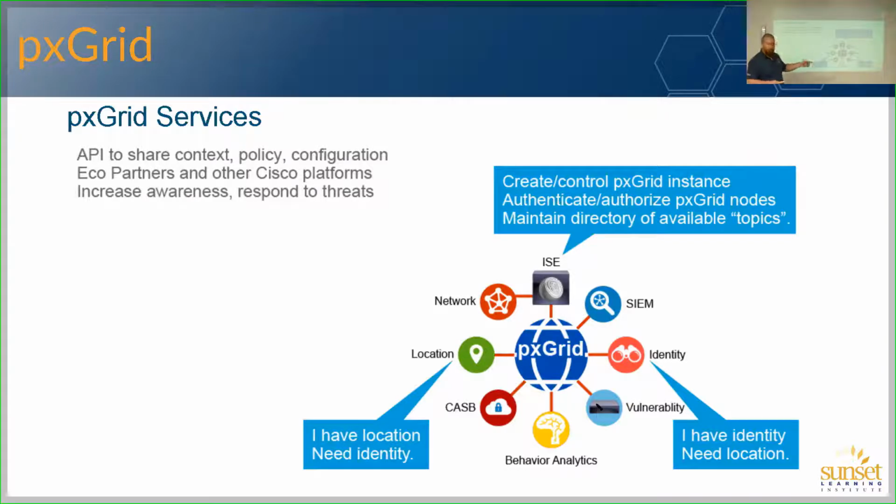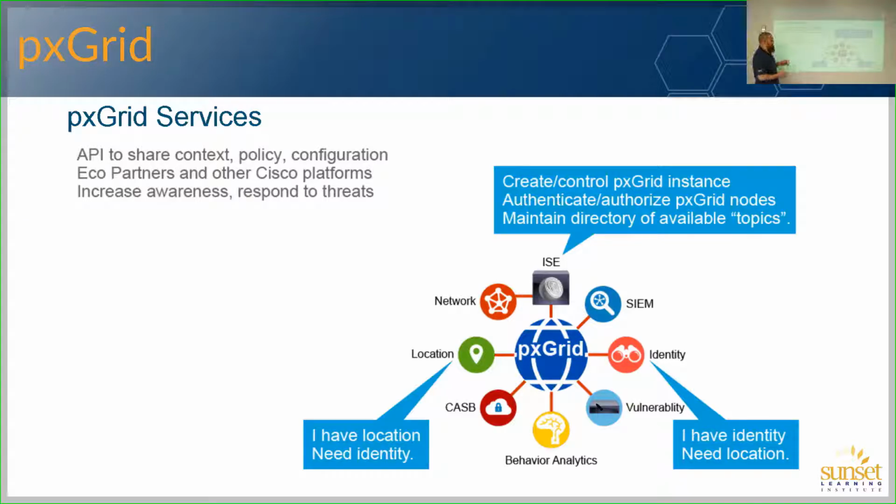They give an example here of location and identity, where I could have a location service pulling in from Wi-Fi and my mobility management systems, publishing location info for all the MAC addresses in my environment. And then when we get into identity and authentication, we would be subscribing to that to identify which authentication and authorization a device gets based on its location.